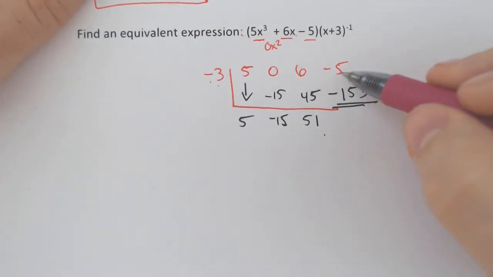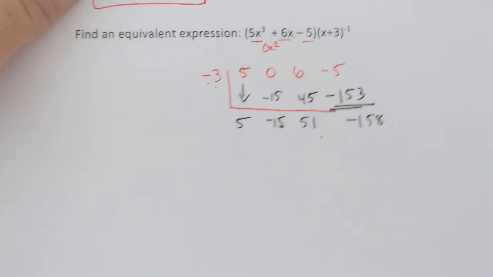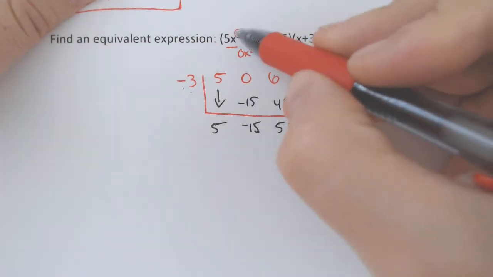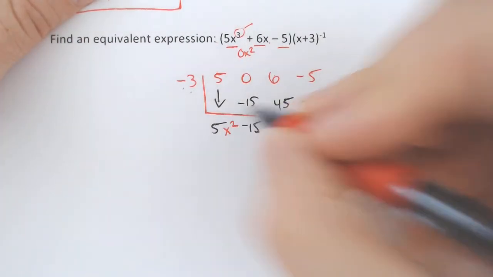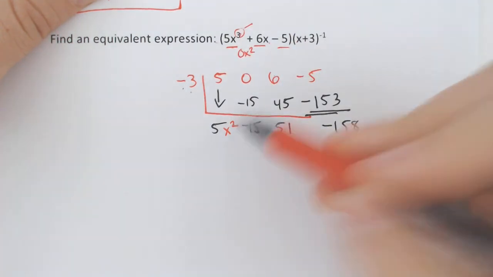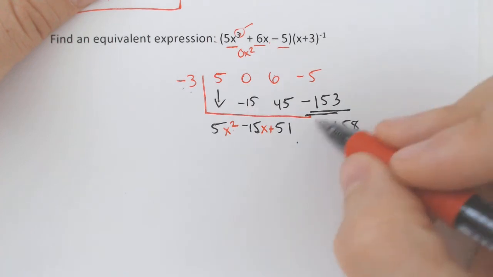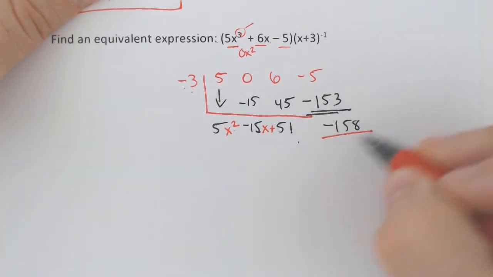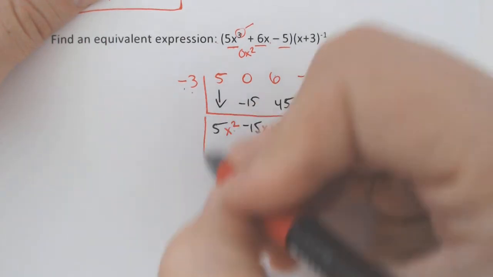Add straight down, negative 5 and negative 153 makes negative 158. Whatever you start with, if I started with an x to the third, I drop by one exponent. So it was x to the third, now it's x squared. Minus 15x plus 51. And then your remainder, which is the last number, divided by the original x plus 3.